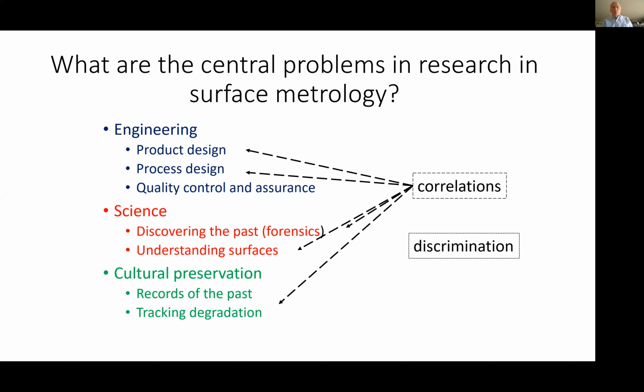So correlations are important there. Discrimination, well, quality assurance and quality control. Is this surface good or not? And what do we have to do to fix it? Understanding the surfaces, discrimination is important there. And looking at records of the past.